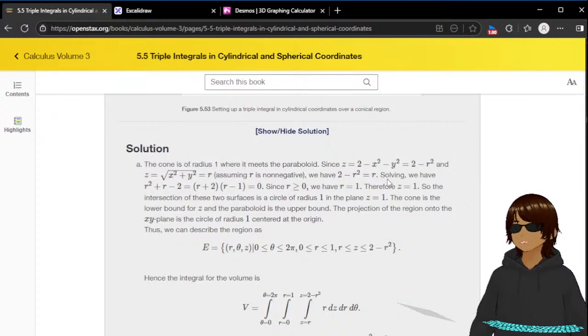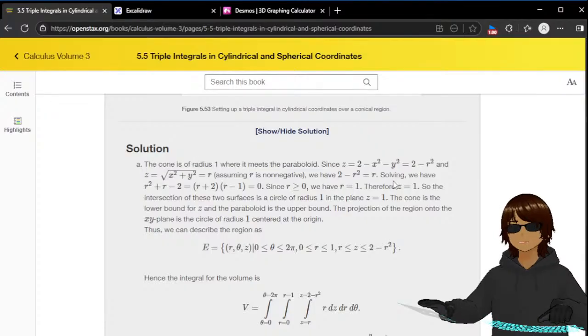You can describe the region as, okay, I think they got r from here and then 2 minus r squared from here.